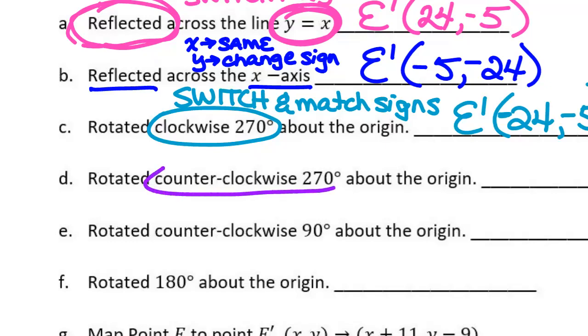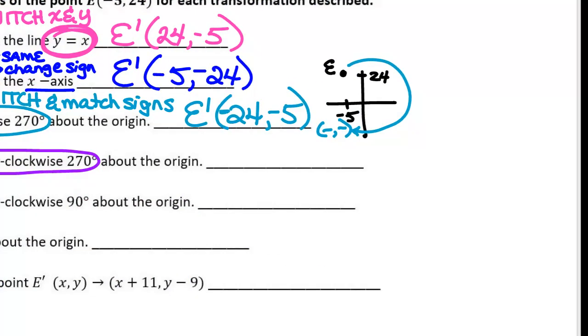What about counterclockwise 270 degrees? Let's go look at that one again. Quick sketch. I know E is here. Counterclockwise 270 degrees is going to put me into what quadrant? Into the first quadrant. Here's 270 degrees, so we're going to go into the positive, positive.